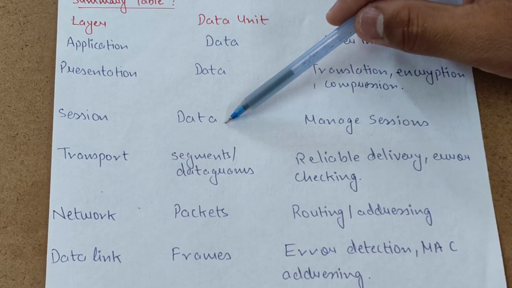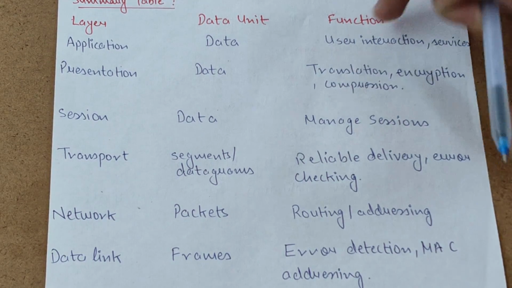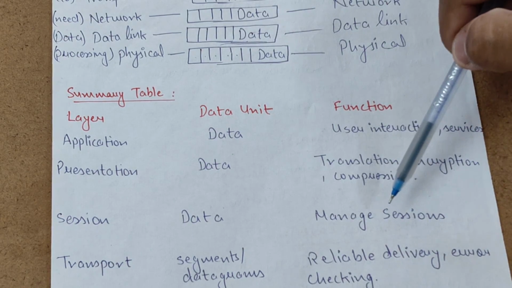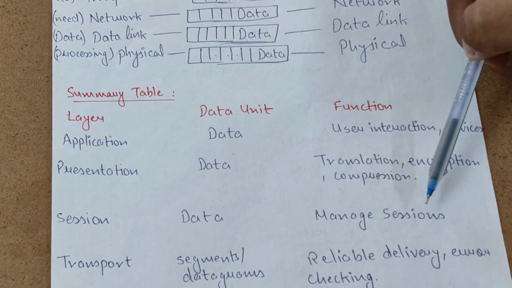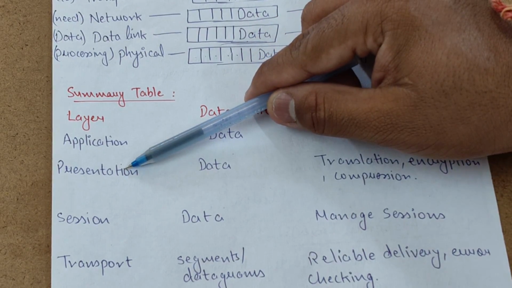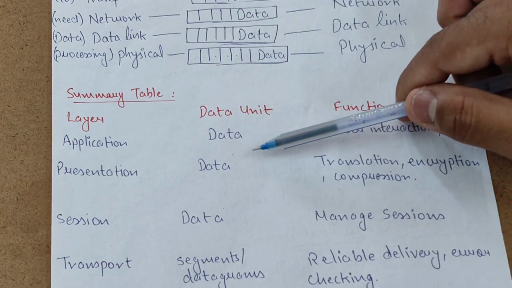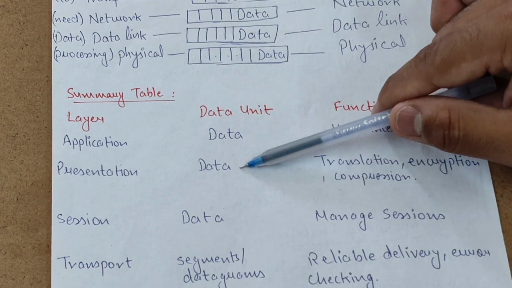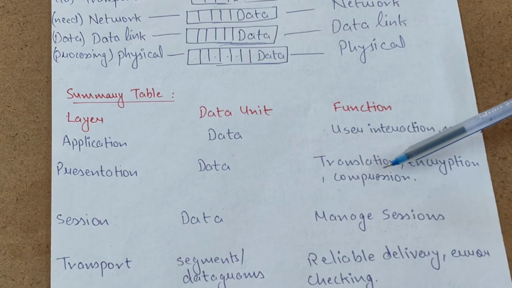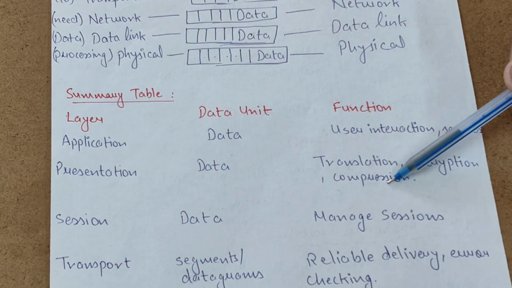Then there is the session layer. The data unit is data, and its main use is to manage sessions, that is, establish sessions, terminate sessions, or manage the sessions. Then we have the presentation layer. What does the presentation layer do? Here also the data unit is data, and it provides translation, encryption, and compression of the data.